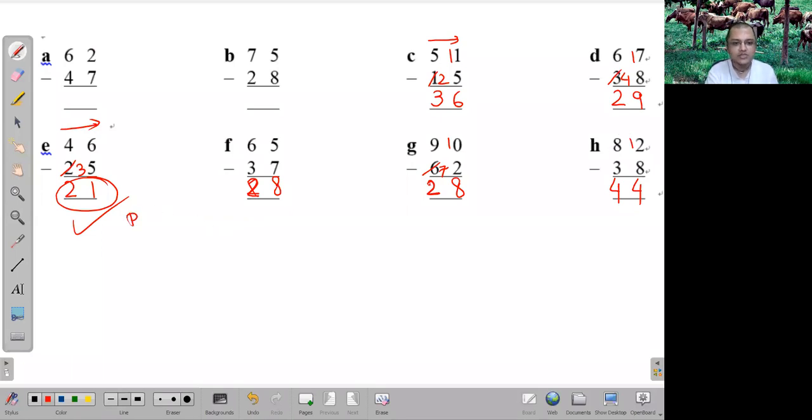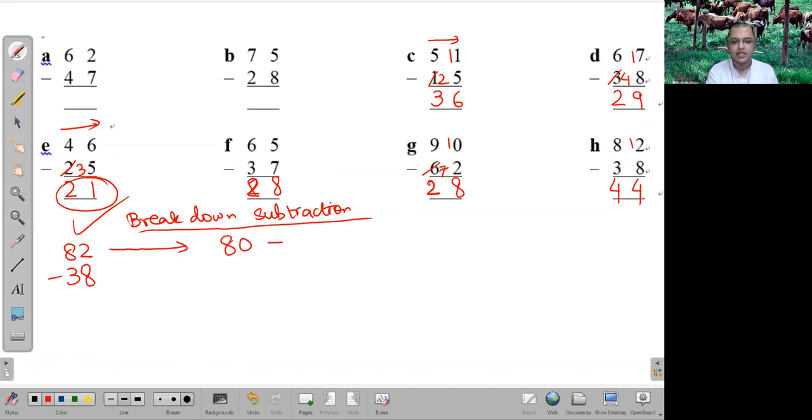Now pay attention here. I'll break down the subtraction method and we will see what is actually happening. Let's take this one as an example, 82 minus 38. 82 is 80 plus 2. 38 is 30 plus 8.